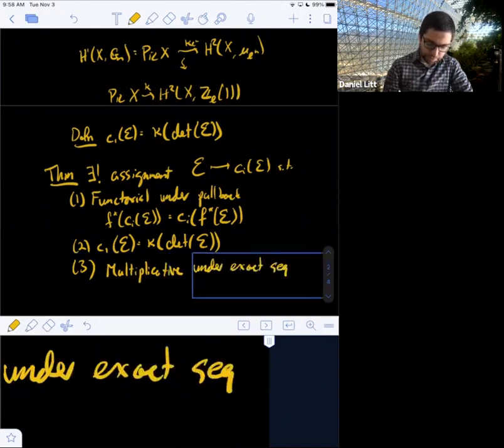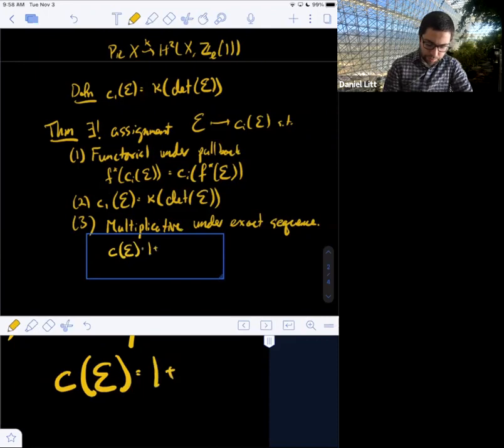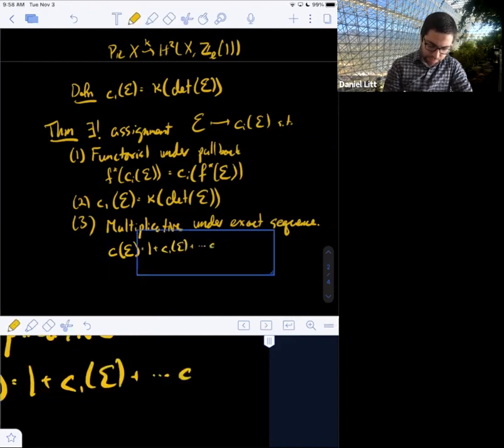So let me explain what I mean by this. This is the most complicated one. So if we define C of E to be 1 plus C1 of E plus all the way up to, well, let me just write it as an a priori infinite sum.